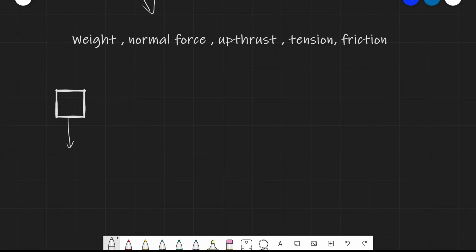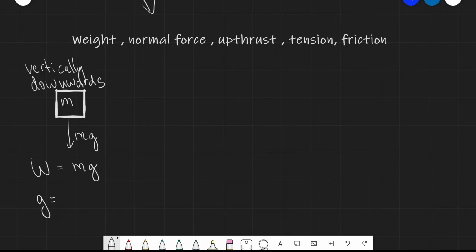The force due to gravity is known as weight, and it has a value of mg, where m is the mass of the box. So the force is going to be called W, and this will be equal to mg. And this will always be acting vertically downwards.